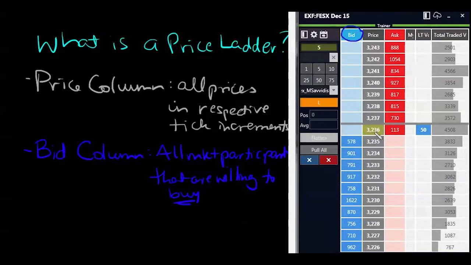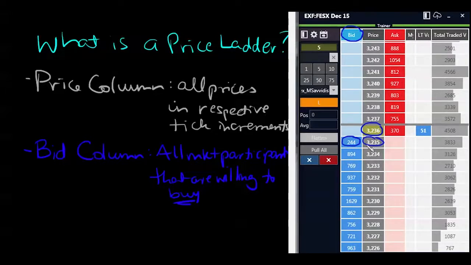Currently the market price that is trading is 32.36. At 32.35, as you can see in here, there are 586 lots currently being put there. That's obviously changed, this is a live market, it's a live simulation of the Euro Stoxx.